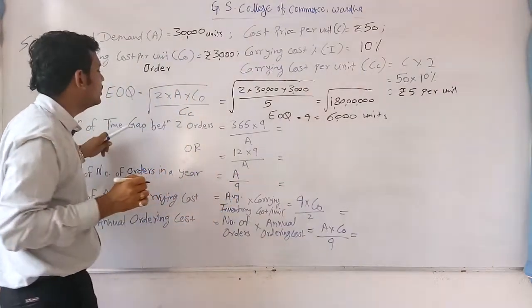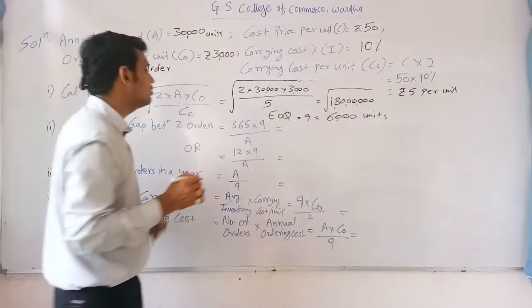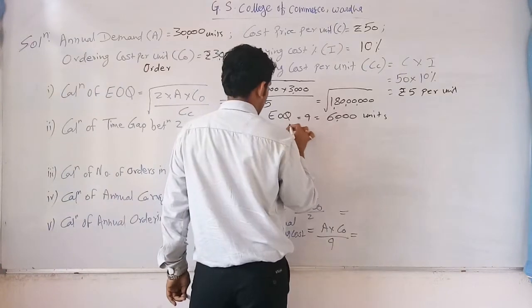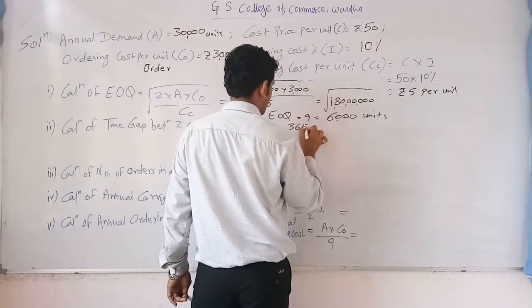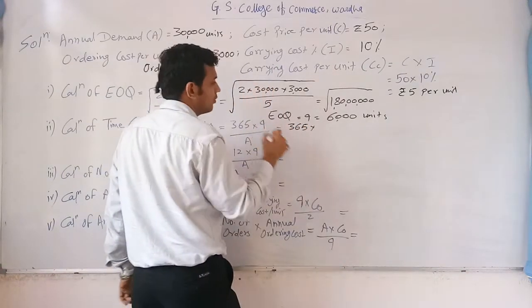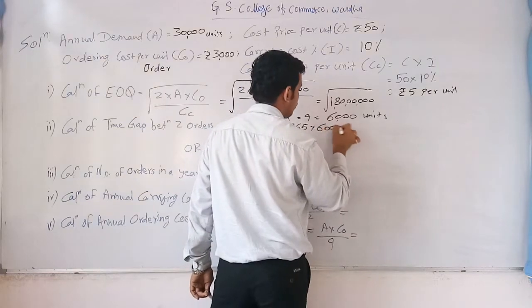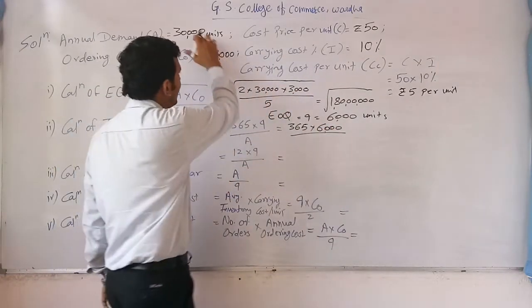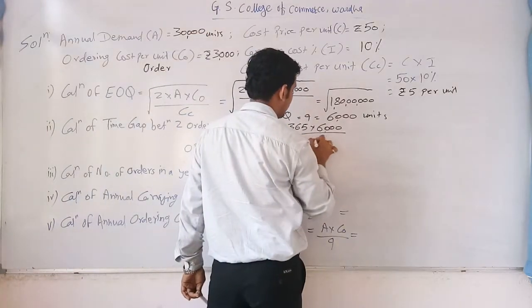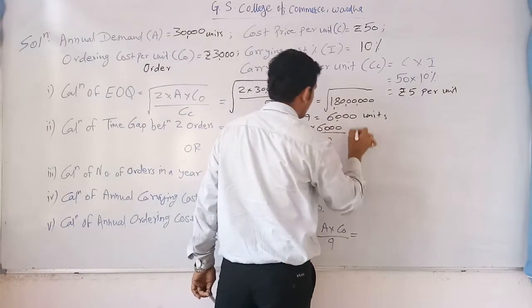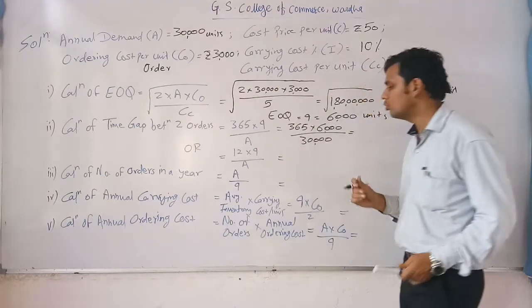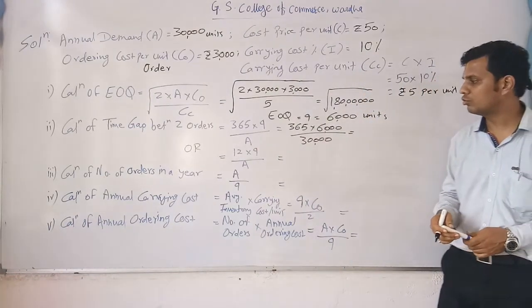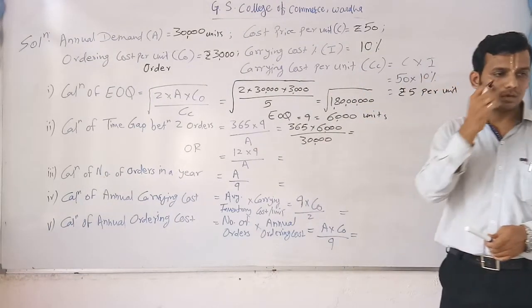Now we will calculate the time gap between two orders. It would be 365 multiplied by Q, that is our EOQ, 6000, divided by A, that would be our annual demand, 30,000. Now we simplify 365 into 6,000 divided by 30,000.